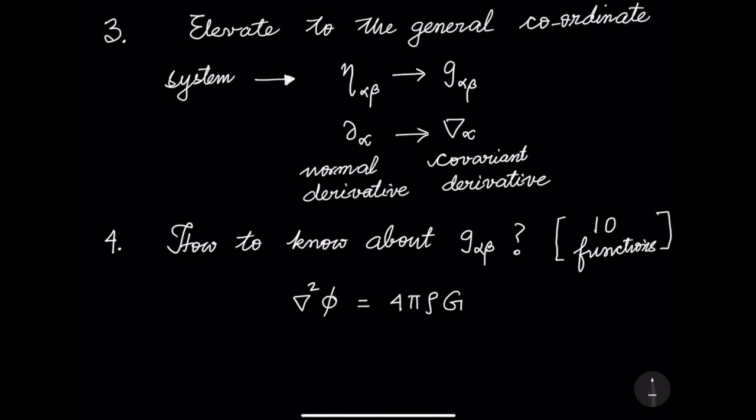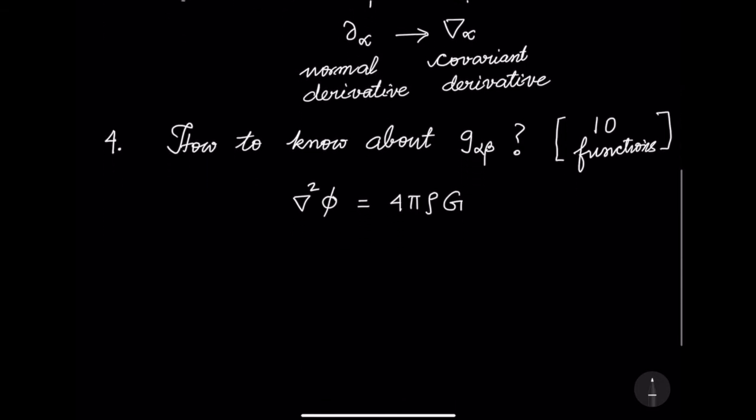One should write 4 pi capital G rho, but anyway. So we saw that grad square phi, the left hand side, is like G alpha beta, the Einstein metric, and rho is the 0, 0 component of the energy momentum tensor.